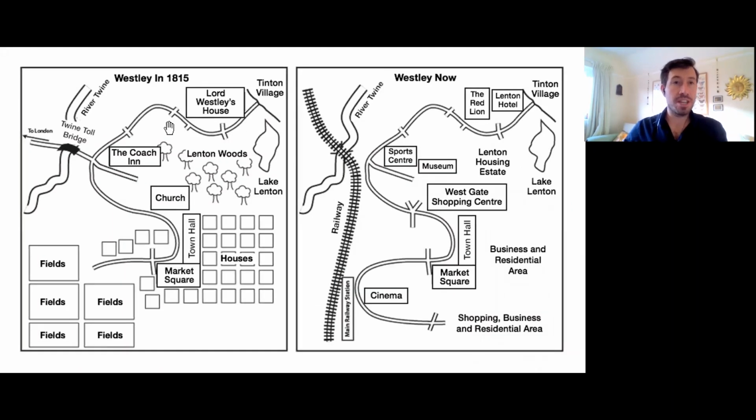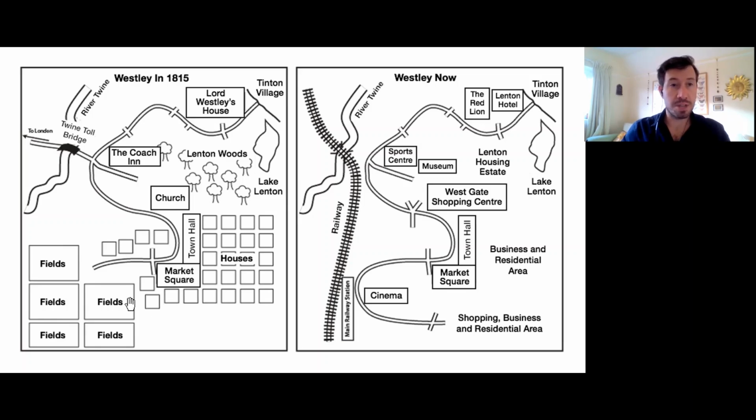So we can see here we've got Westerly in 1815 and we've got Westerly now. And there's been lots of changes that have happened. Generally, when you're doing maps, one will be in the past and one will be now. Maybe sometimes one will be now and one will be in the future. But those are the two things you're comparing: a time in the past and then another time, or maybe a time now and a future time.